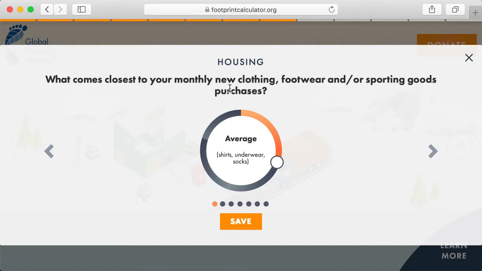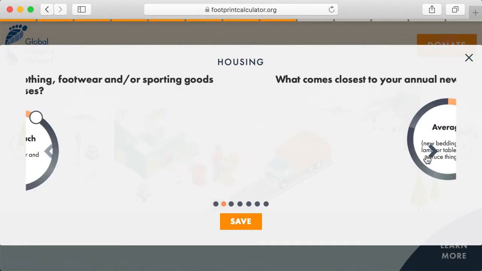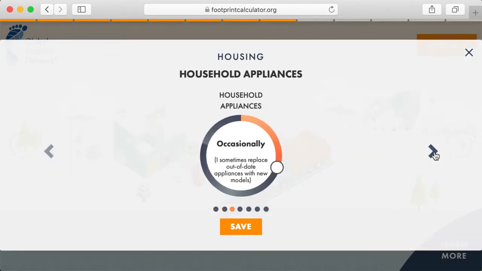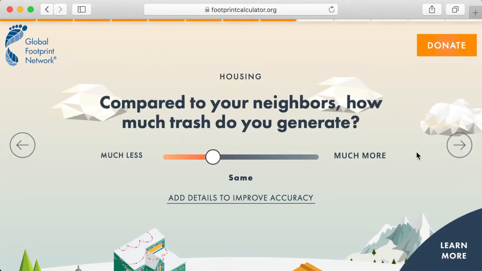So how much of your monthly, your closet comes closest to your monthly new clothing, footwear, or sporting goods purchases. So if you happen to buy a lot here, this is where you note that if you buy a lot, or if you don't buy very much at all, it's where you note here. So that's actually purchases, even though it's in a section here regarding waste, home furnishings, appliances, and all.